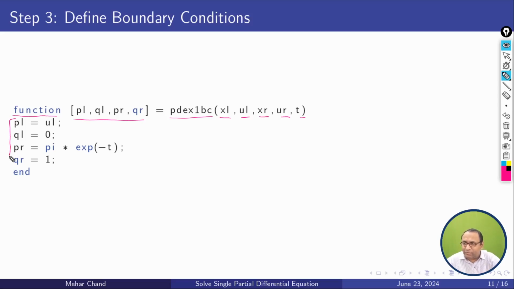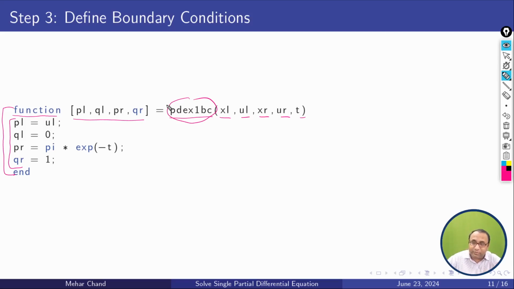These are the values of pl, ql, pr, qr, just as we discussed in the previous slide, and we need to enter the function. Then save the file with the same name as we put at this place. You need not change the name of each file, the name of the script file which you are saving in MATLAB or in the current directory.